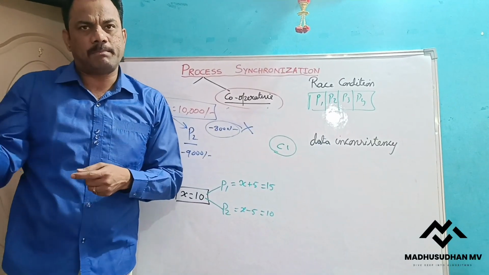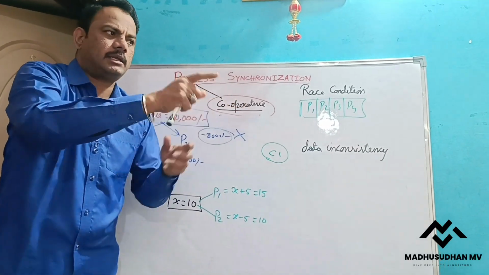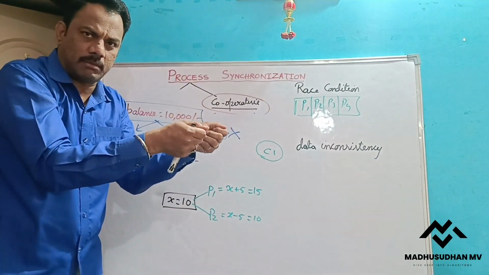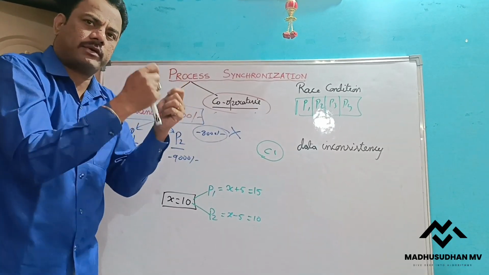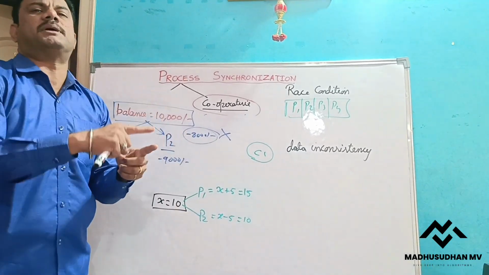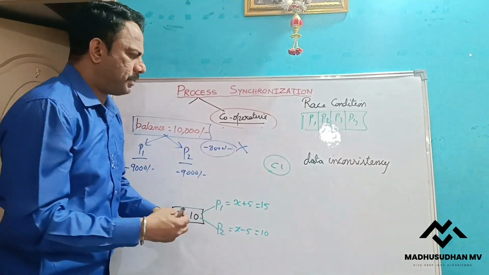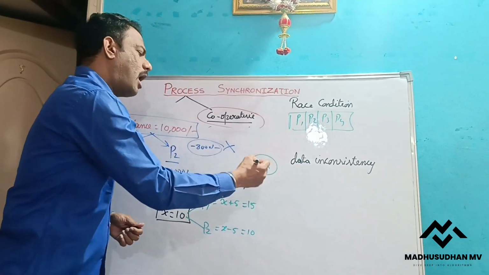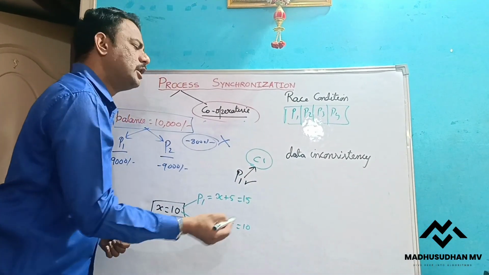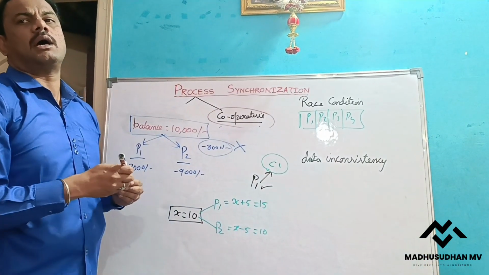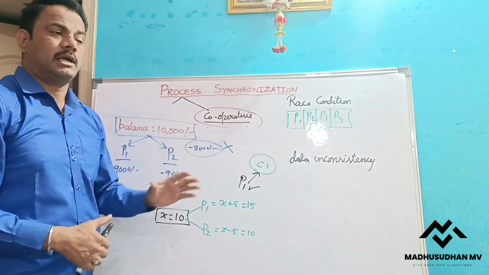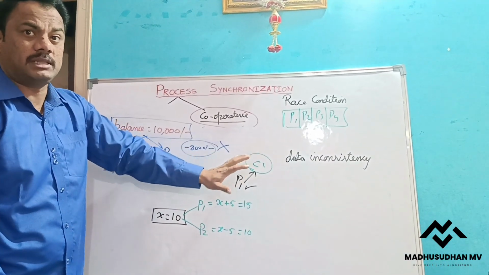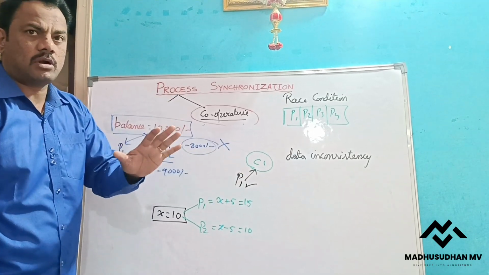No. Only one person is allowed into the ATM, and that person uses the ATM machine for his transaction. After that person completes, then only the next person. Similarly, when one person is booking this seat, we should not allow another one. After this person completes, then only we allot another person, because it's already booked by this process.